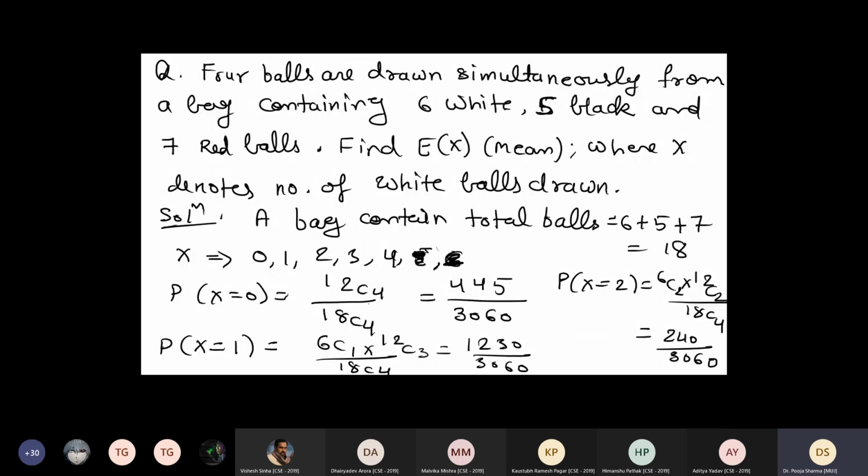Here the random variable shows the balls drawn: 4 balls are drawn, and the random variable denotes the number of white balls drawn. So the range of the random variable becomes 0, 1, 2, 3 and 4, not up to 6, because white balls are 6 but only 4 balls are drawn.